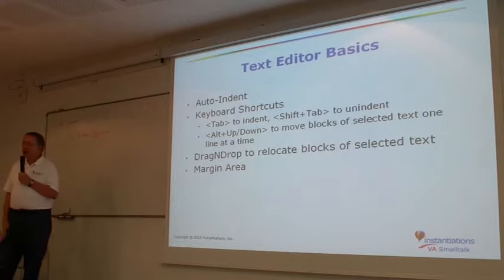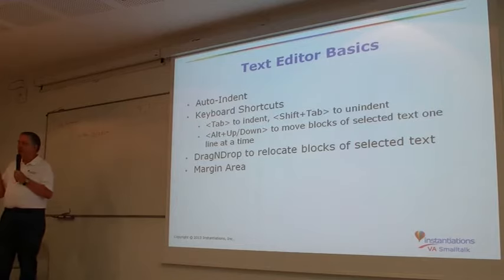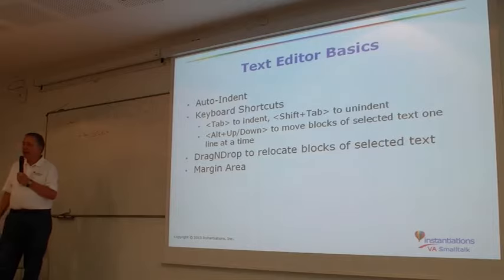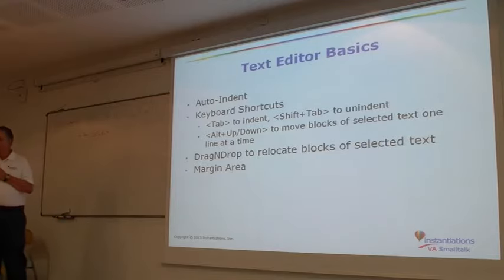It brings tab and shift tab to indent and unindent lines or blocks of text, and the ability to move blocks of text up or down one line at a time, or you can drag and drop blocks of text in the text editor. And it provides its own margin area. We used to have, with the old text editor, our own margin area that we managed, and I'll show you what that is.